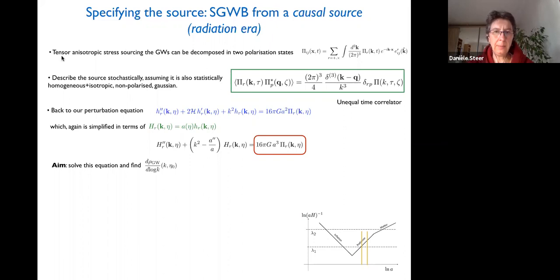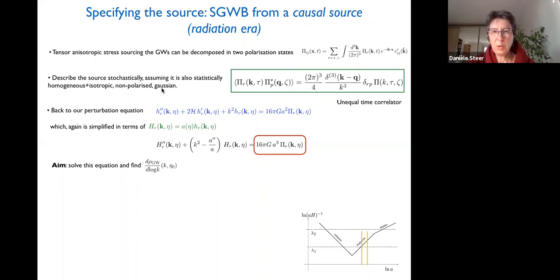So let's go ahead. As we've already seen, we can take the Fourier transform of the anisotropic stress, so the transverse and traceless part here, and decompose it into the two polarization states, which I remind you was the source on the right-hand side of our perturbation equation.